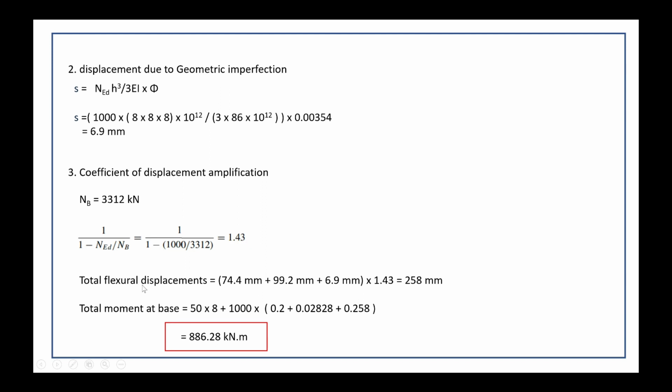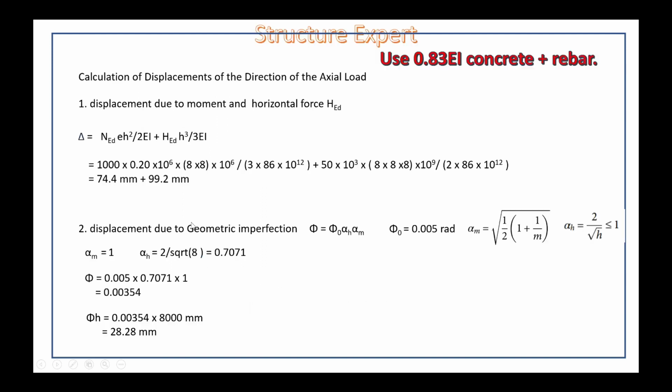For the total physical displacement: 74.4 is the displacement due to the vertical load with eccentricity, and 99.2 is the horizontal displacement, or lateral displacement, due to the horizontal load.